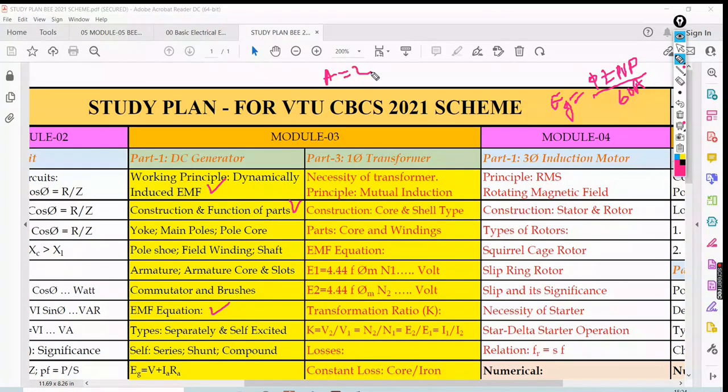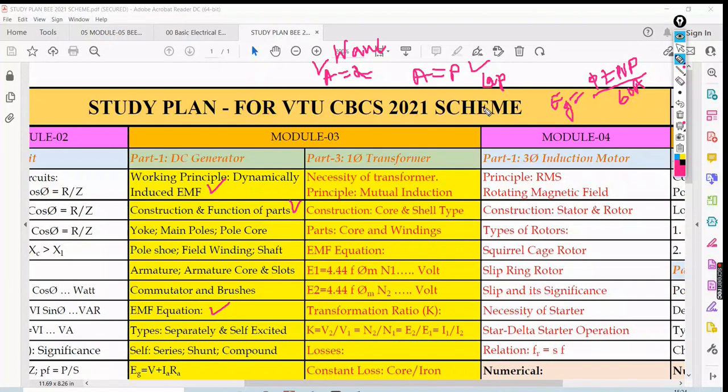There will be two types of winding, wave and lap. The condition: A equal to 2 in case of wave winding, A equal to P in case of lap winding.